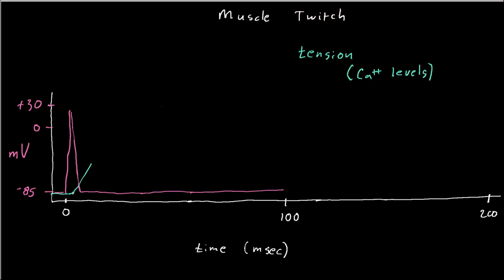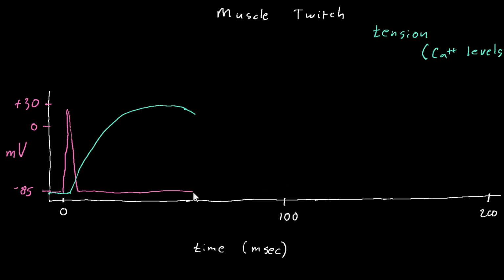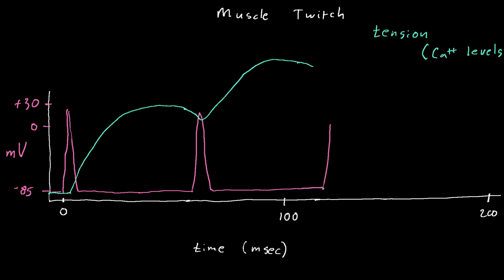Well, if calcium is released and then pumped back into the SR before the next action potential is fired, then when the process repeats, it'll look exactly the same. But now imagine an action potential occurs before all the calcium is pumped back into the SR. If that happens, the calcium released in response to the second action potential is added to whatever was left in the sarcoplasm.